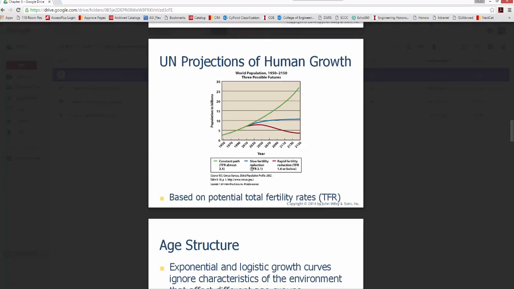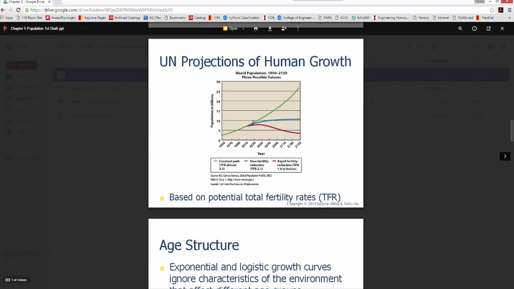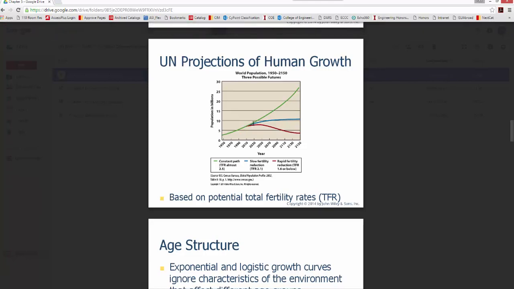However, if we change it from 2.5 to 2.1, what we call a slow fertility reduction, so we reduce the number of children per female from 2.5 to 2.1, you notice here the blue line, population from 2010 to 2030 to 2050 to 2060 continues to increase, but the rate of increase is getting smaller and in fact begins to stabilize.